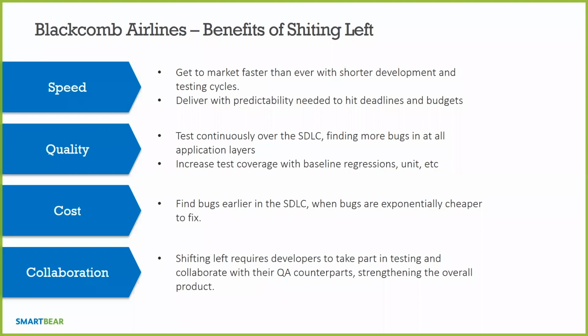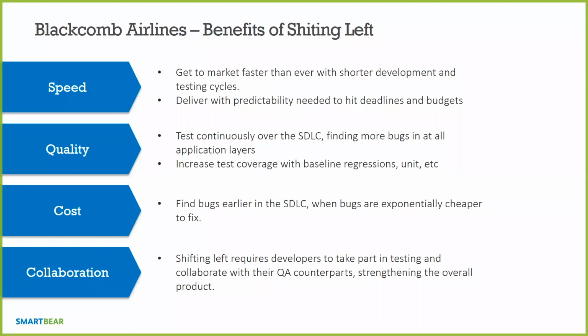You can make that troubleshooting and that fix faster, allowing you to get to market faster too. This allows more of the predictability needed to hit those deadlines and budgets. There's not the scramble at the end that many of us are familiar with.